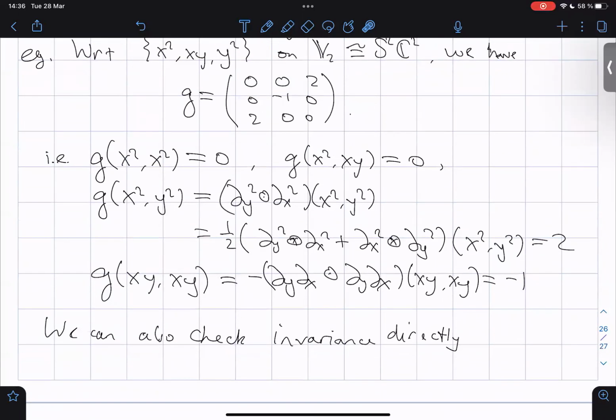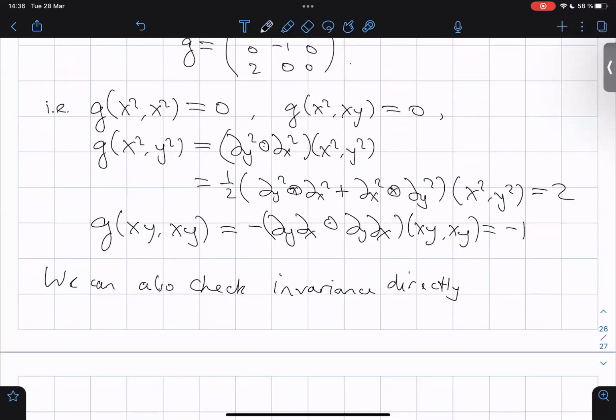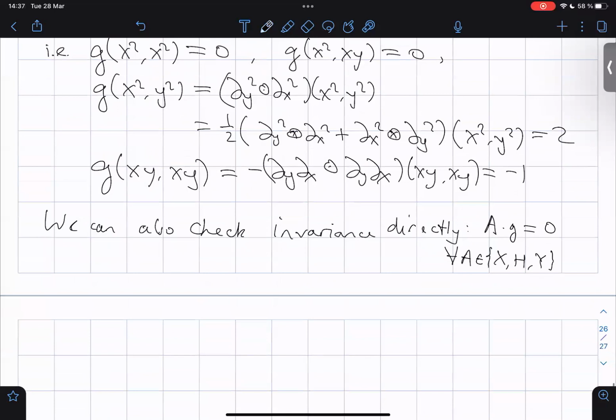Okay, so we can also check invariance directly. What does that mean? A acting on G is equal to 0 for all A in SL2, and it is sufficient to check it on the basis. What does the action on a symmetric bilinear form mean? This is something that you discussed earlier on.